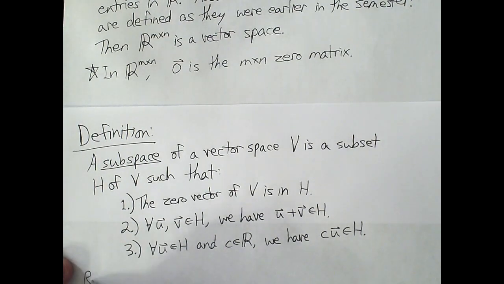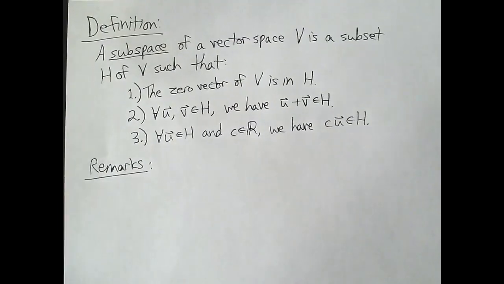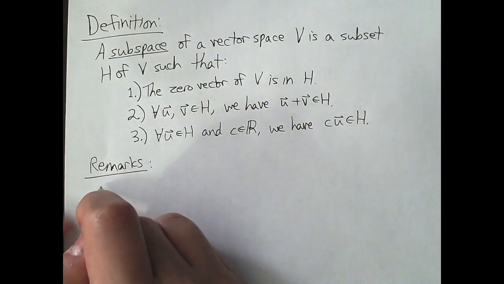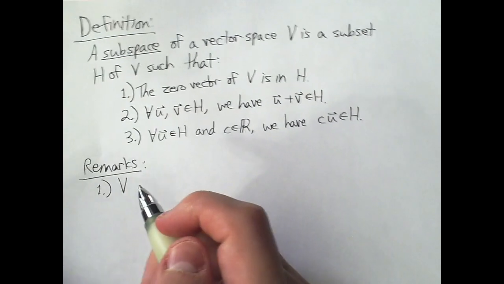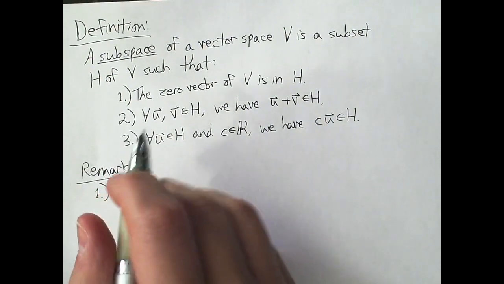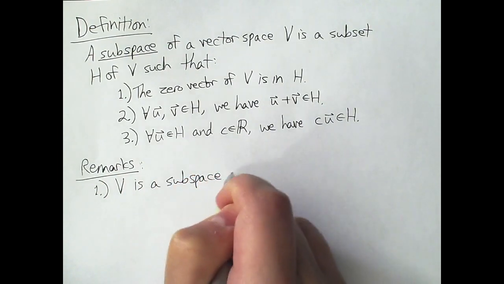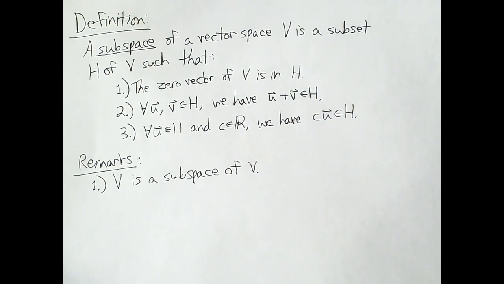A couple of quick remarks. Think about example 2 or example 3 of vector spaces. We could talk about subspaces of them. But a couple of quick remarks before we do anything like that. Number one, V, the vector space itself, is a subspace of V. I think we showed that Rn is a subspace of Rn.